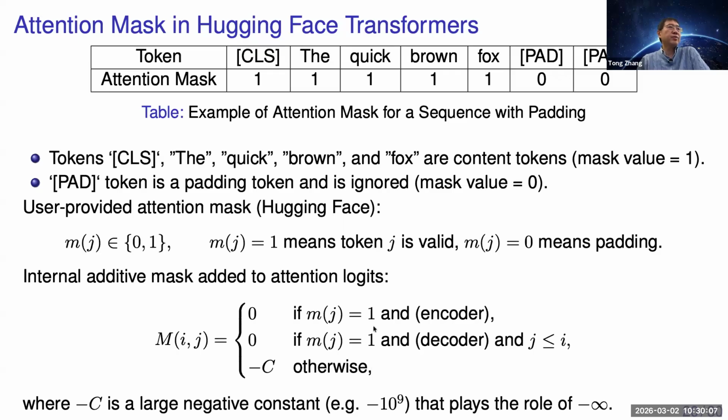Essentially, if it's an encoder and the mask is 1, internally it's 0, so you don't add anything to your attention. If it's a decoder, then you have to have causal as well. Causal, then you have 0. Otherwise, it's a large negative number. Basically, this is the attention mask associated with Hugging Face.